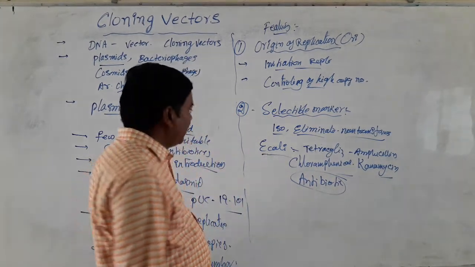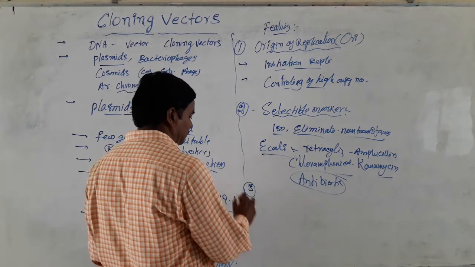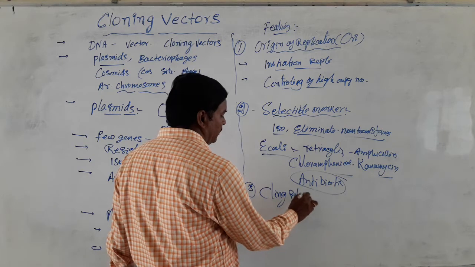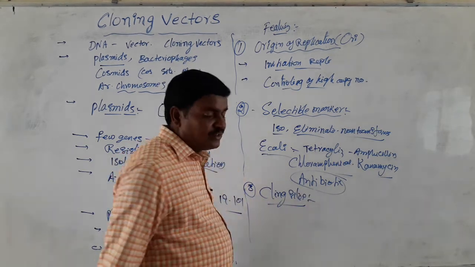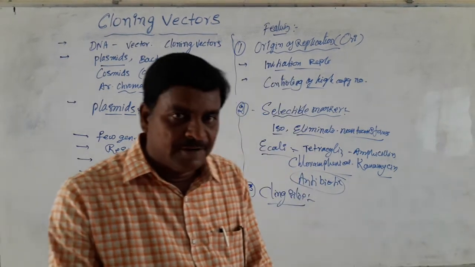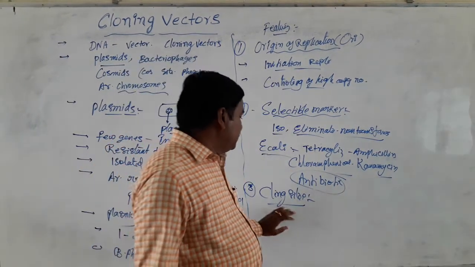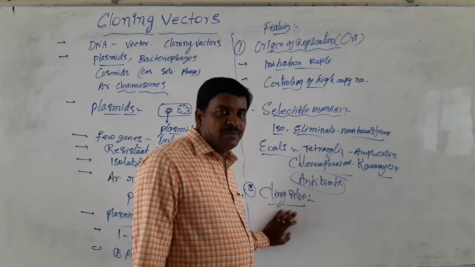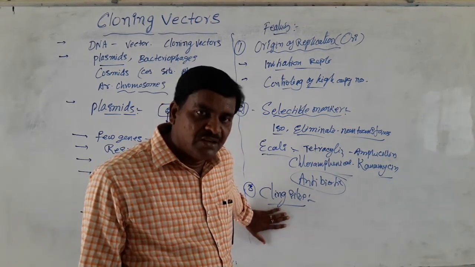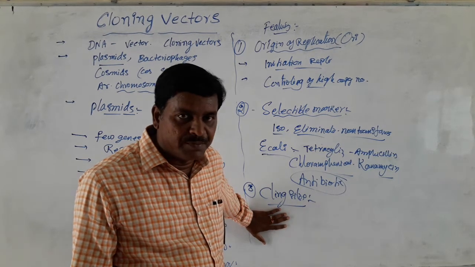Now coming to the third one, cloning sites. In order to insert the desired genes into a vector, this vector must be cleaved, it must be opened by using a restriction enzyme.